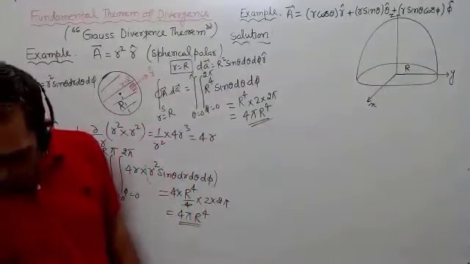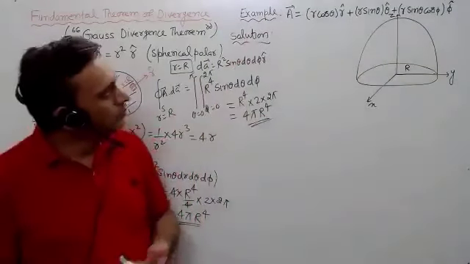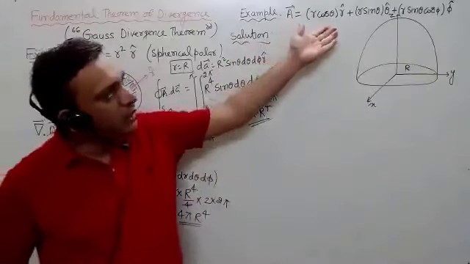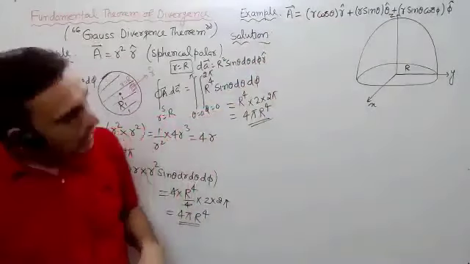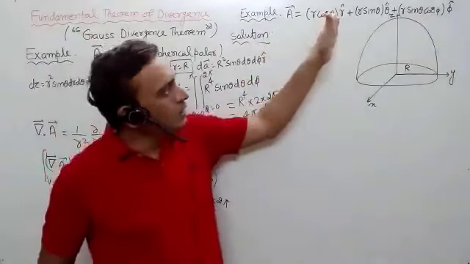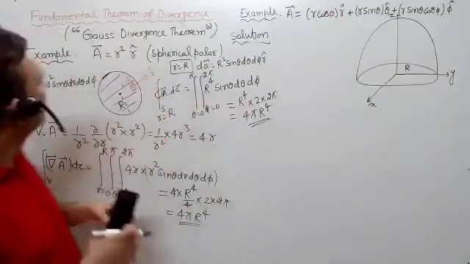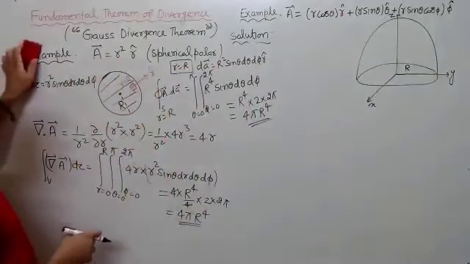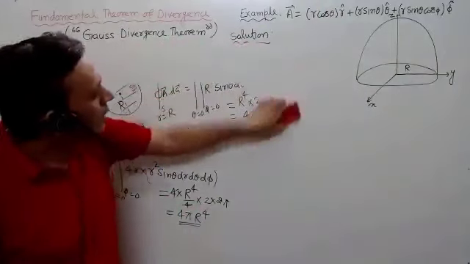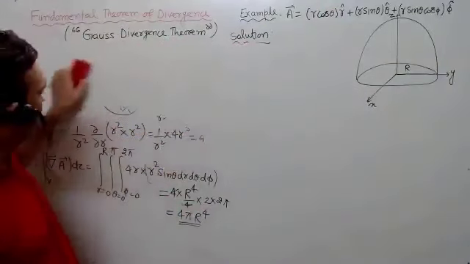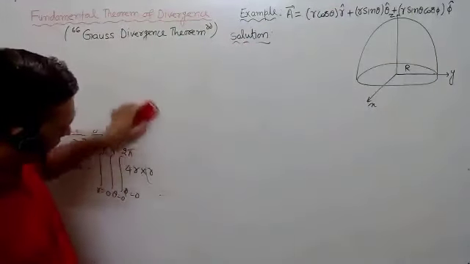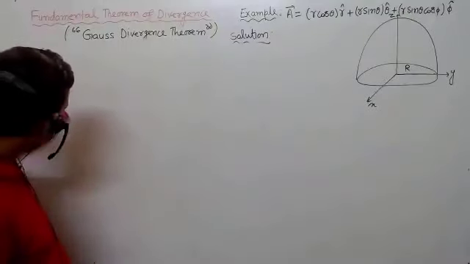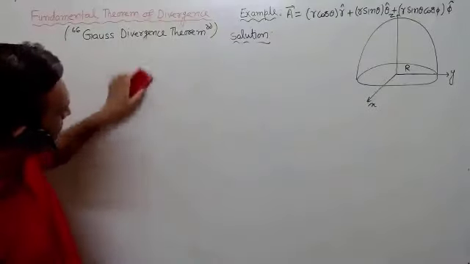So you have to first find the divergence of A. Let us first calculate the divergence of A. I have already calculated the divergence of A for the same vector, so just verify it.